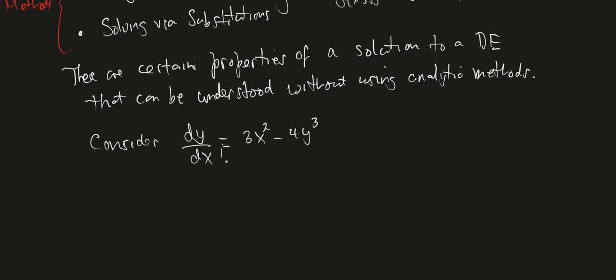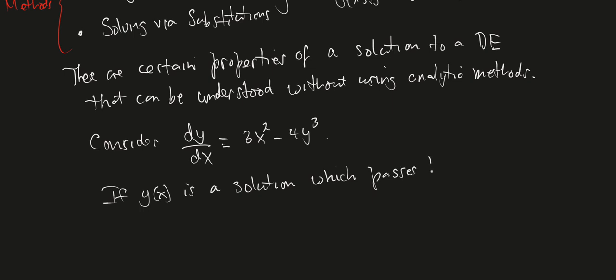So for instance, if y of x is a solution to this differential equation, which passes through a particular point, let's say (-1, -2), right?